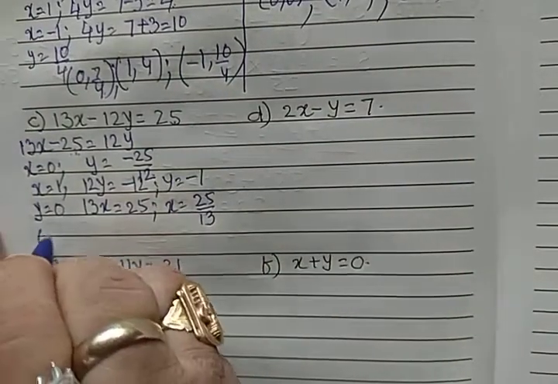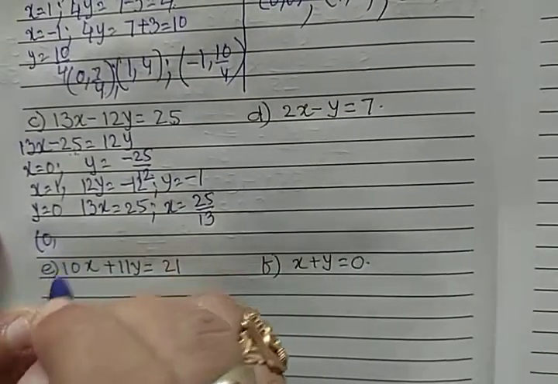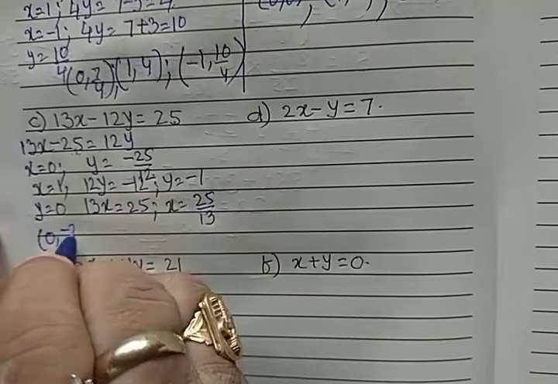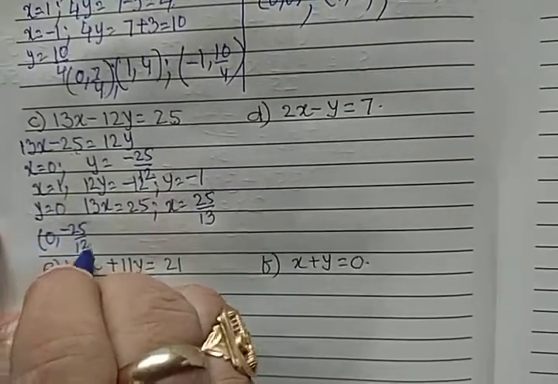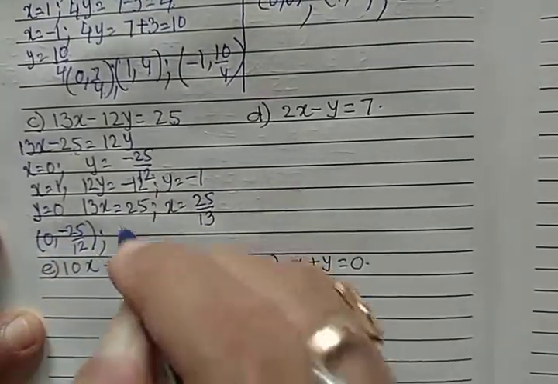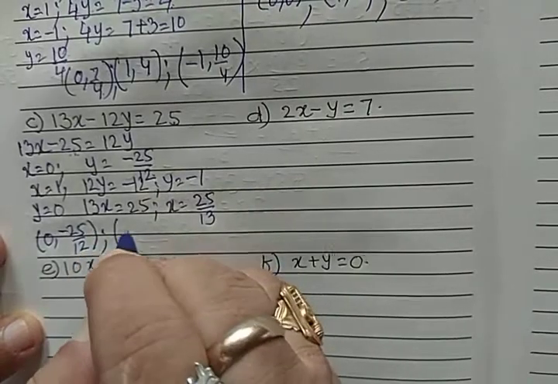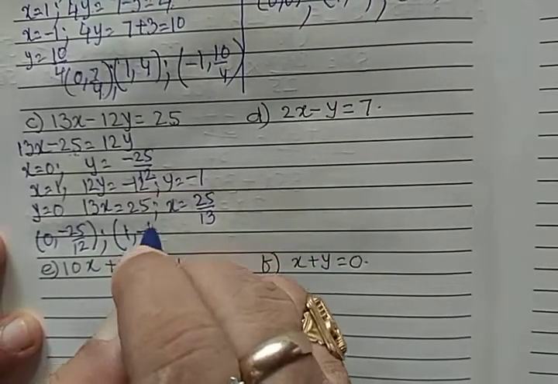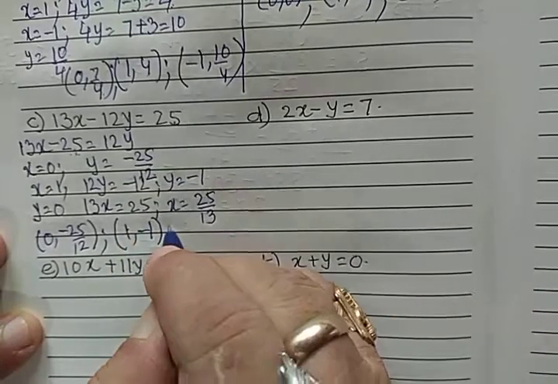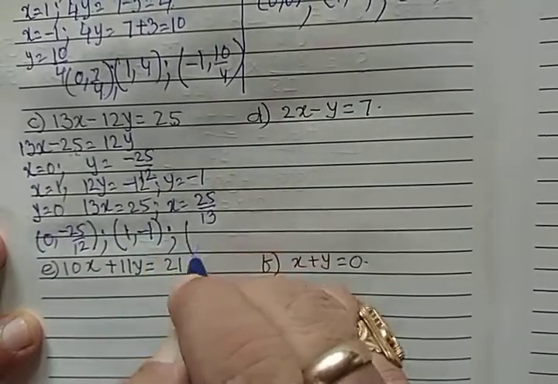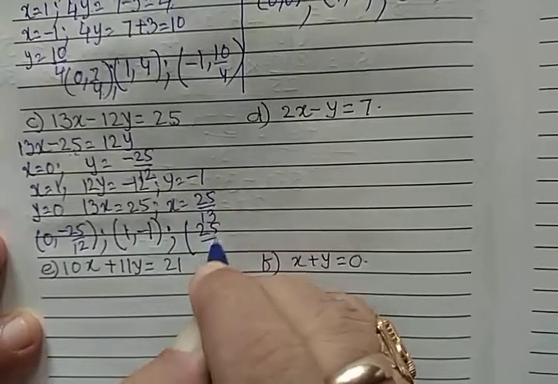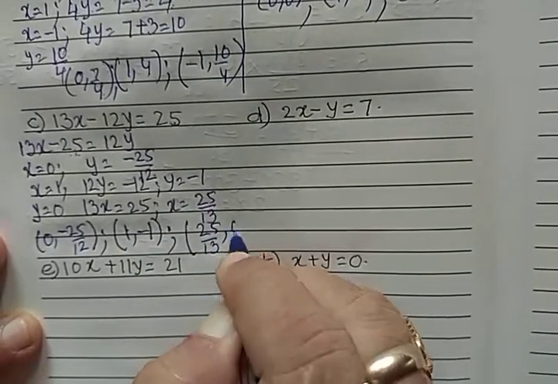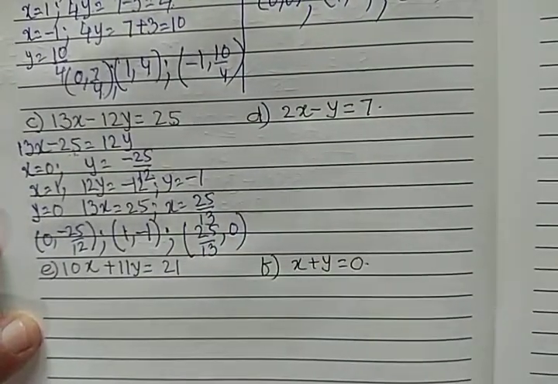First one, 0, minus 25 by 12. Second one, 1, minus 1. Third one, 25 by 13, 0. Clear?